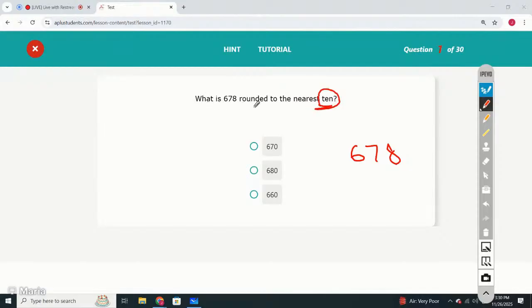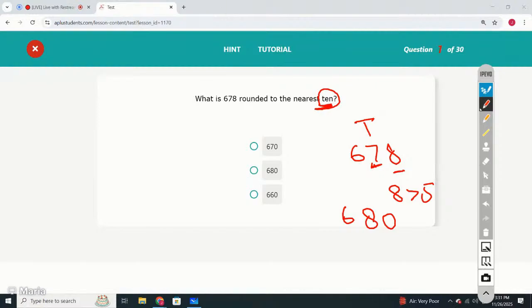So look at the tens digit. 7 is the digit at the tens. Right next to 7, we have 8. 8 is greater than 5, so you need to round up. Round up means add 1 to the tens digit and replace the ones digit with 0.